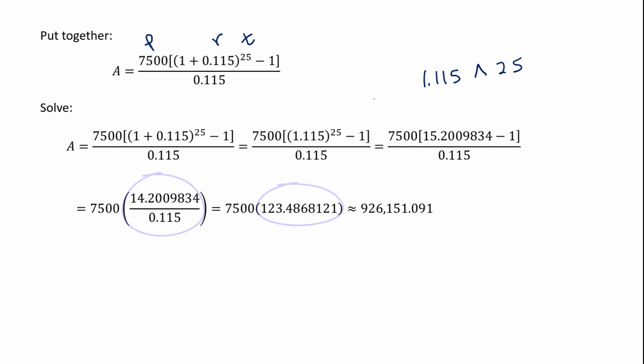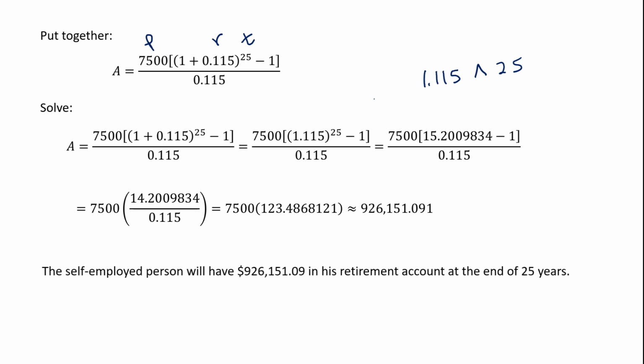The output is approximately $926,151.091. The self-employed person will have $926,151.09 in his retirement account at the end of 25 years.